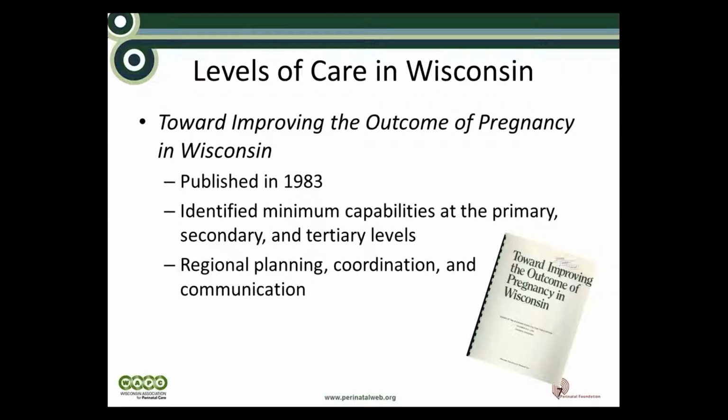In 1991, WAPC followed up this document with directions in perinatal care, which specifically addressed public information and education, access to care, patient care guidelines, criteria for classification of hospitals, community health, and professional education and communication.